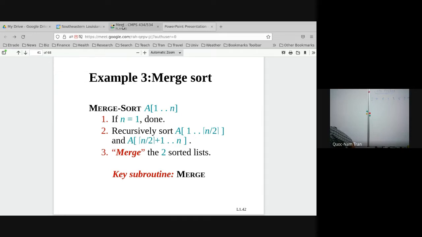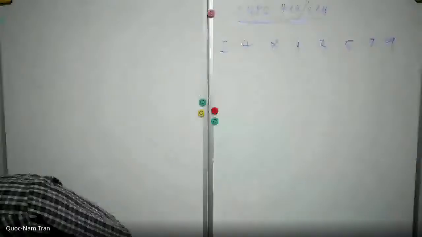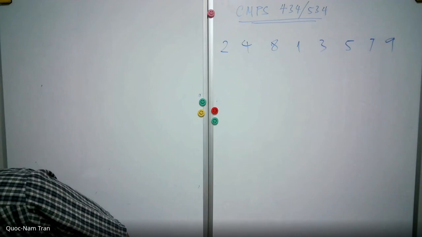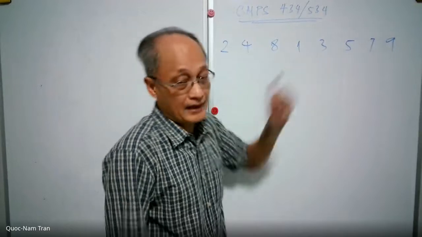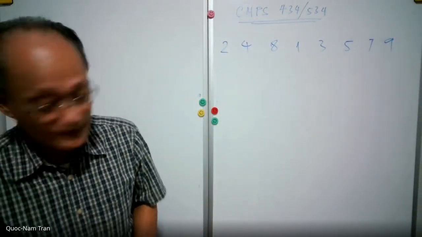Let me go back to this one and then stop presenting. Okay, so how does the merge sort work in this situation?